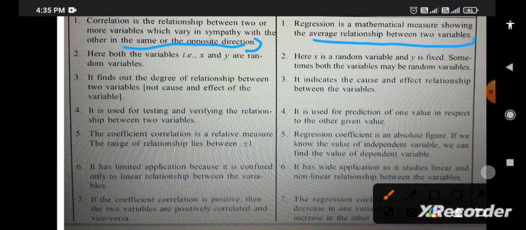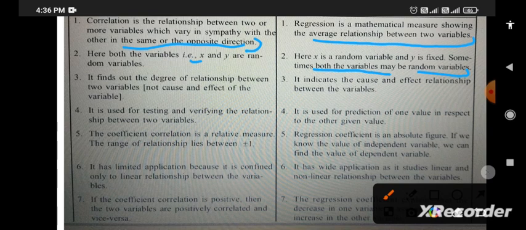In correlation, both the variables, that is x and y, are random variables, whereas in regression the x is a random variable and y is fixed. Sometimes both can be random variables.